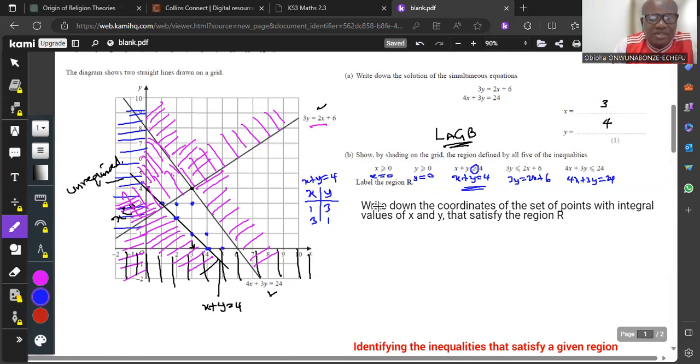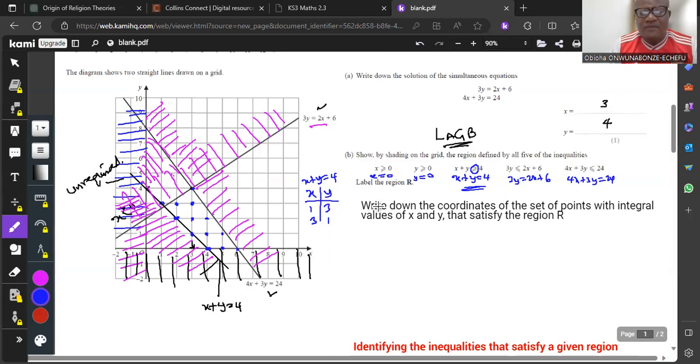Why I'm including the points on the lines is because all the symbols have equal to. It's either greater than or equal to or less than or equal to. So any point on those lines must be included. Okay, so there are quite a number of them.